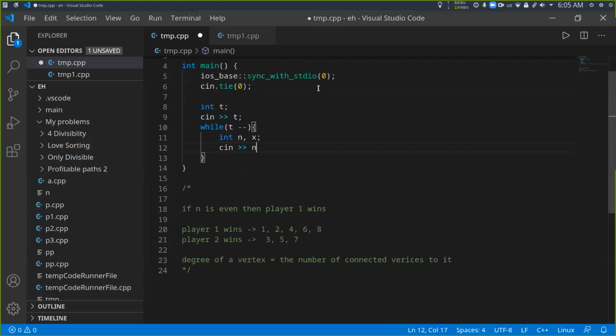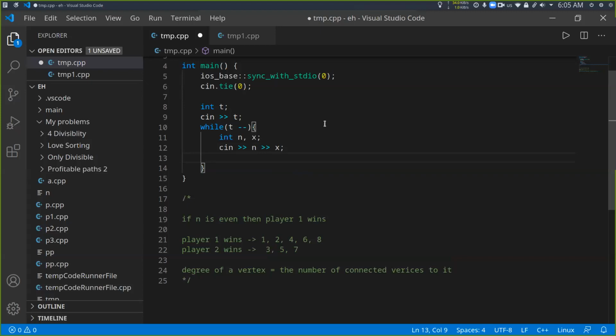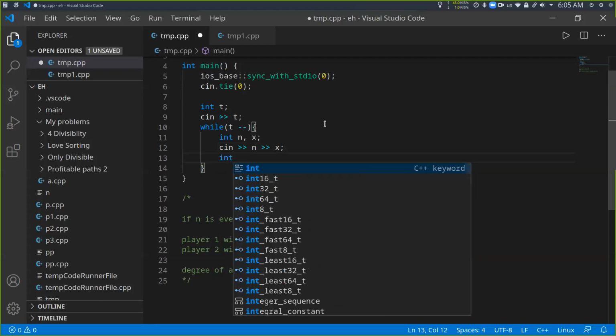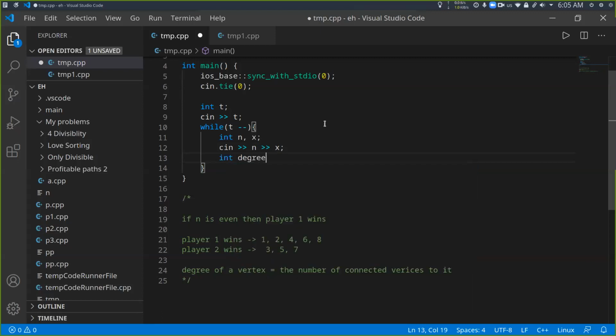Okay, we'll take n here, and x. To store the degree, we'll make an integer array called degree of size n. Make it n plus 1 actually, because there are n nodes and they are numbered from 1 to n.